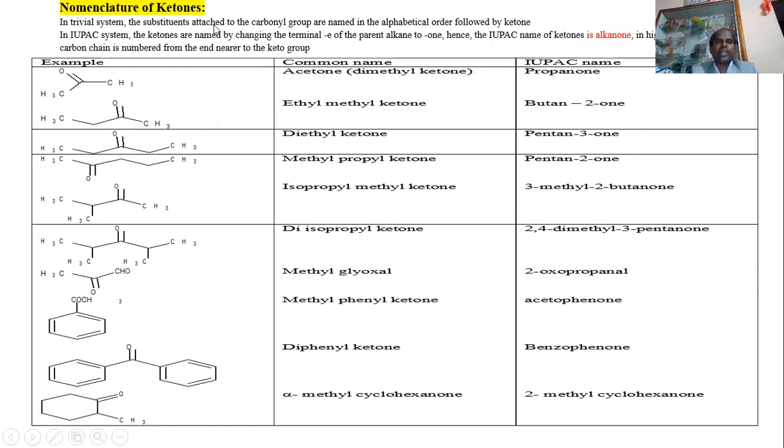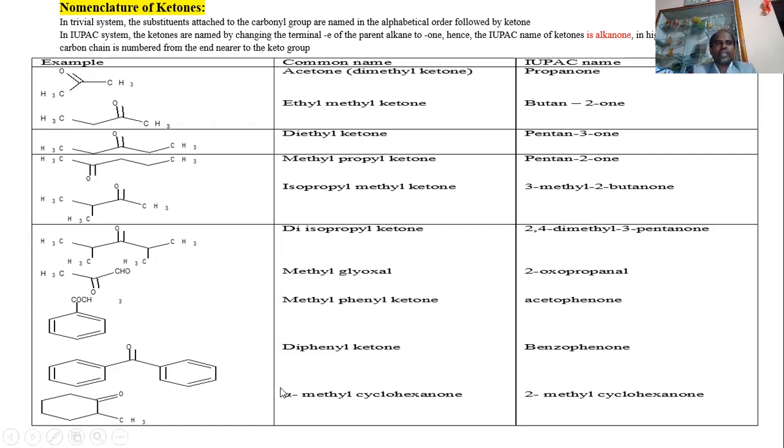So when we are naming a ketone, the terminal E of the alkane is replaced with ONE. Okay, so that is the reason it is called alkanone. And one more thing, when we are assigning numbers to the parent chain, the least number should be assigned to the carbonyl carbon.